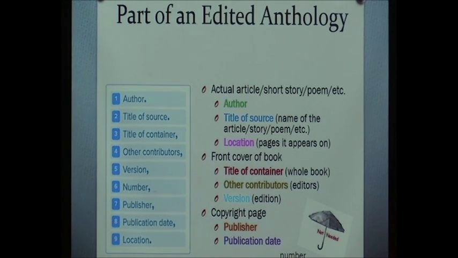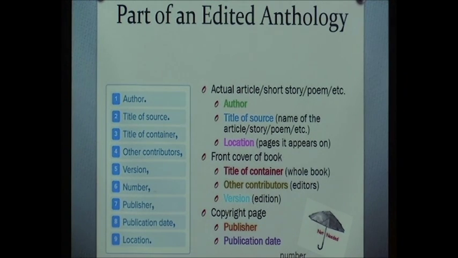Say I'm using the Norton Anthology, and I see a short story in there, and I want to write my paper about The Yellow Wallpaper. I'm going to look right at the first page of the story, and I'm going to find the author's name, and I'm going to find The Yellow Wallpaper, the title of that story. That's the title of my source, because my container, which I'm going to get down to further, is the name of the whole book, which we're going to have to cite as well, okay?